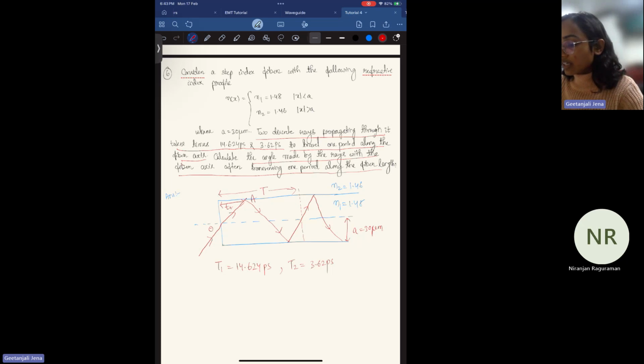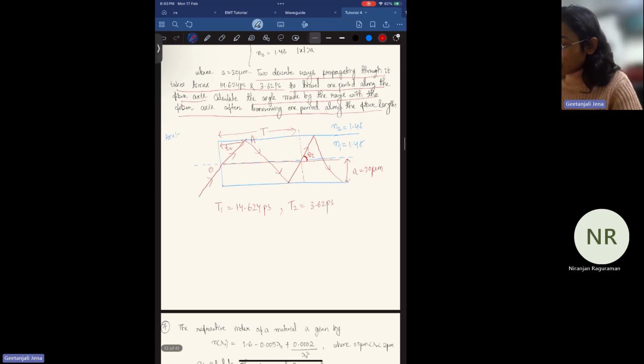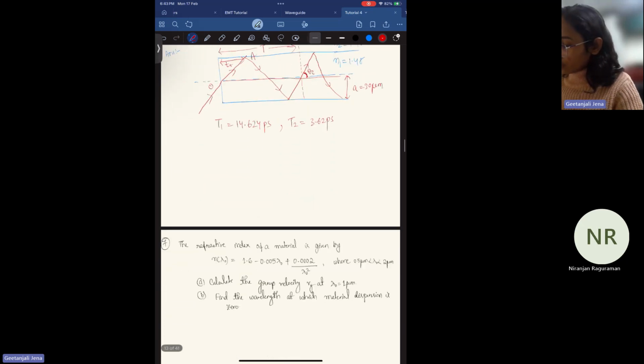So after one period, what is the angle? It remains constant, right? So theta will be theta I for one ray. This theta will remain constant along the fiber axis. So that means we need to find out what the theta value is.